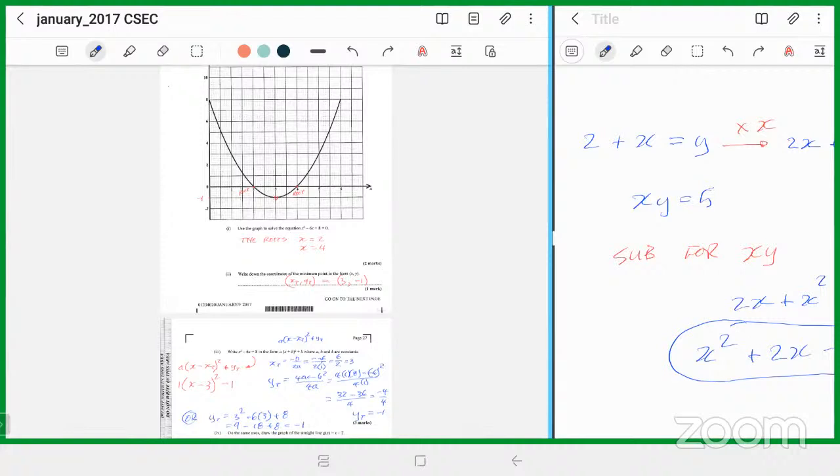I share the link in the group, and I send these papers as well that we did today. As usual, you're expected to redo these questions. Redo the questions and use the video to help you. Pause, rewind, and play. That's how you master these things. You have to practice them. All the questions that I did today, I want you to redo on your own, please, before tomorrow's class.